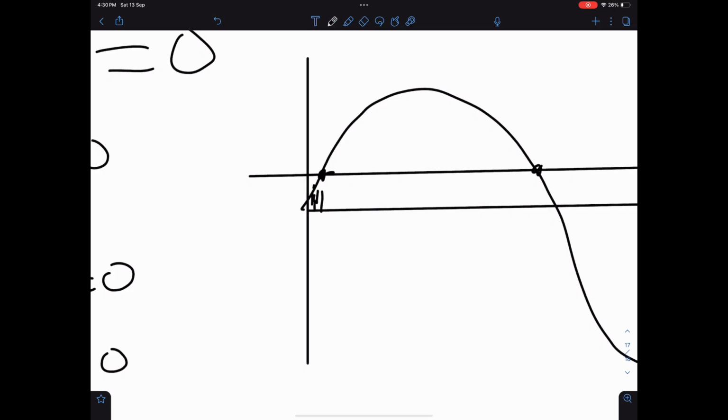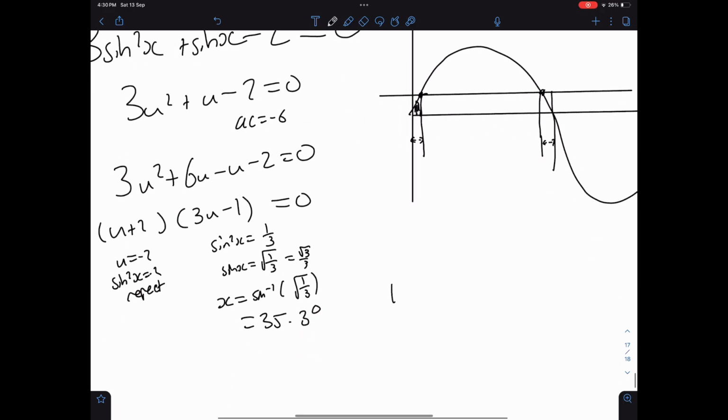Now what is that? Well, notice that this gap here will be the same as this gap here. So what we would do is just do 180 minus 35.3, and that would give us 144.7 degrees.